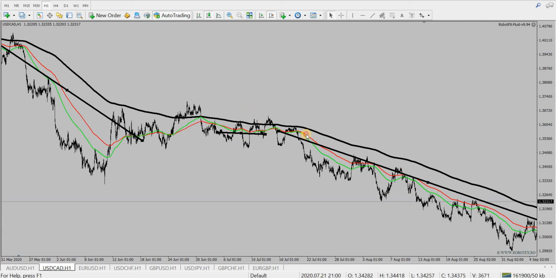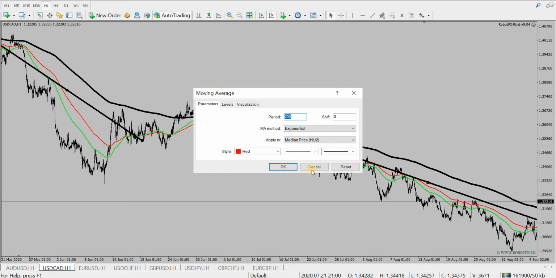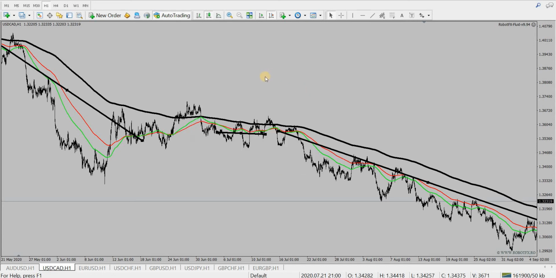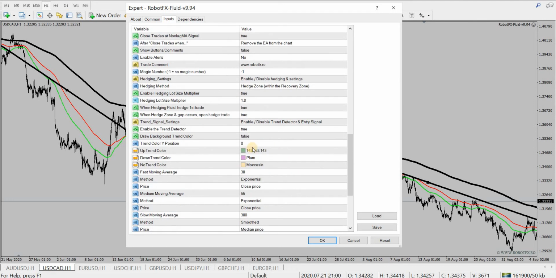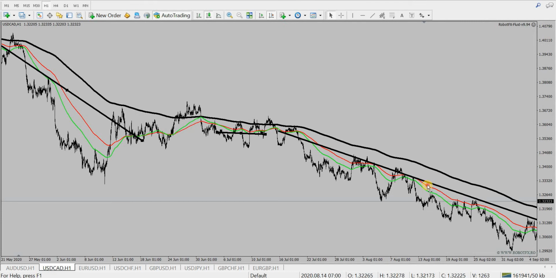And before I delete the moving averages, I will enter the details in the 200 exponential in the expert advisor settings. That was the medium one, red one. 200 exponential medium price, and the other one 100 or 120.